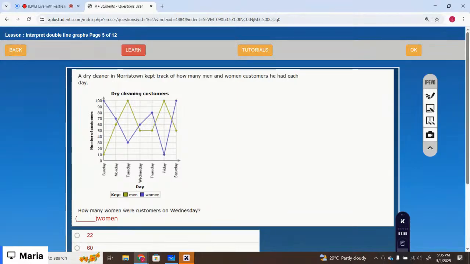A dry cleaner in Morristown kept track of how many men and women customers he had each day. How many women were customers on Wednesday? Very good. That is 60 customers on Wednesday. Option number two is the correct option.